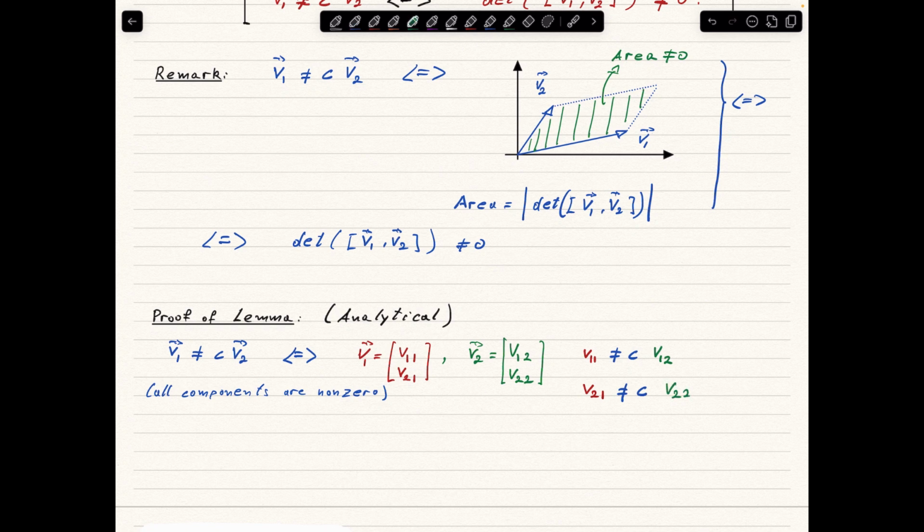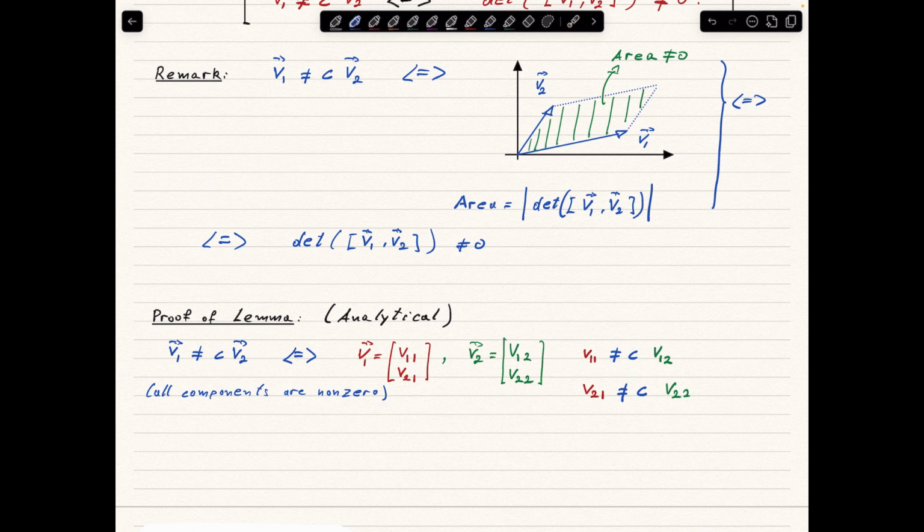Here the constant C is the same in both equations. If you have only one equation, of course there always exists the constant C, but here the C's are different. So what we are saying is that the same constant C cannot be in both equations.